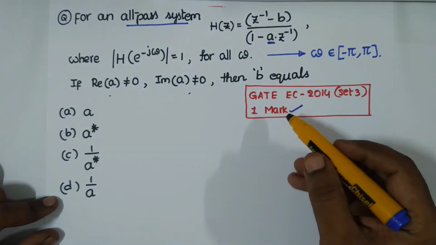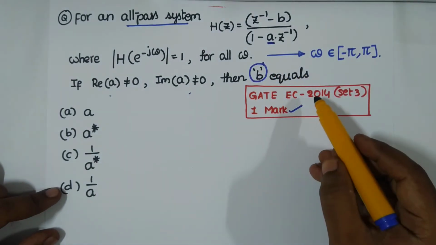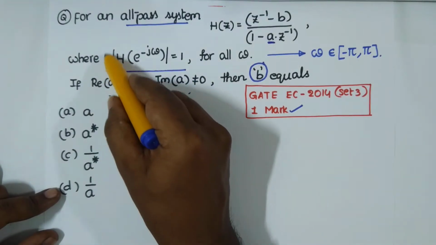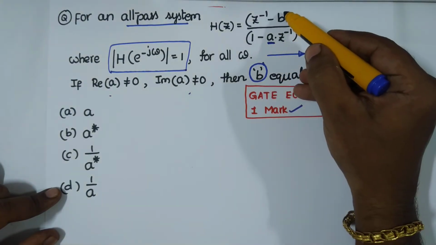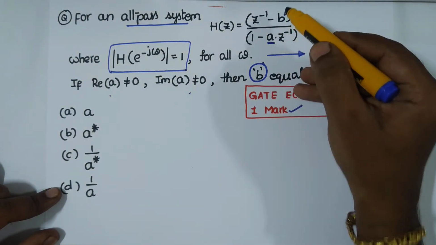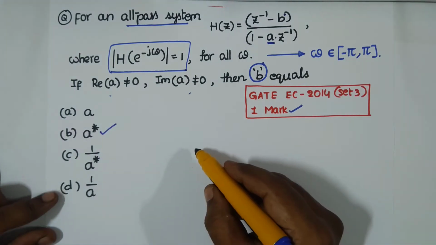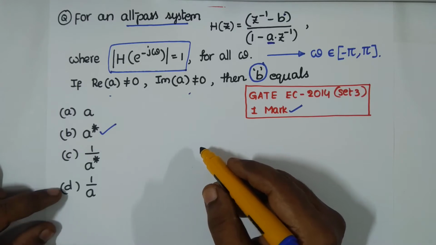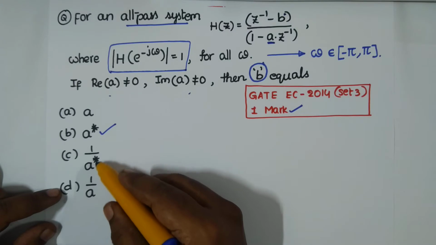Now in this scenario he is asking then B equals. That means to maintain this condition, what must be this B? The answer is, in no time we could go for option B, A conjugate. Some of the students will definitely go for option C, 1 over A conjugate.